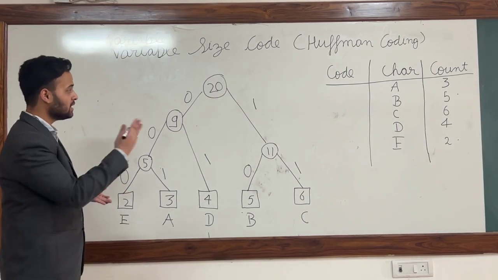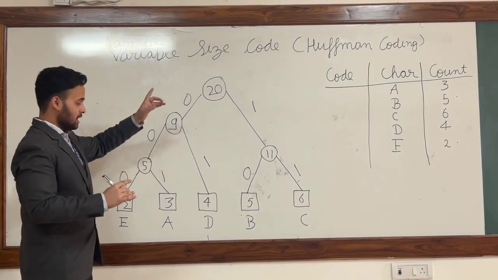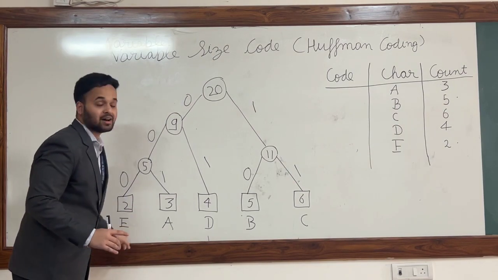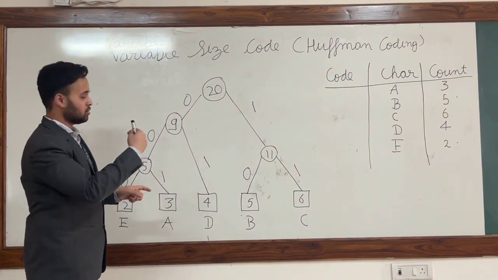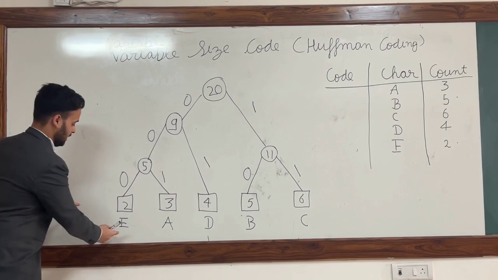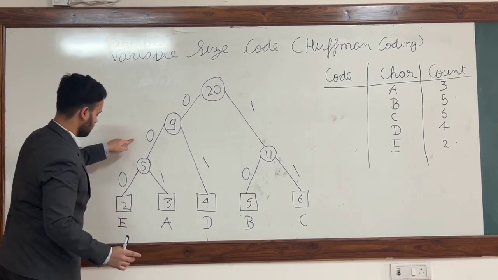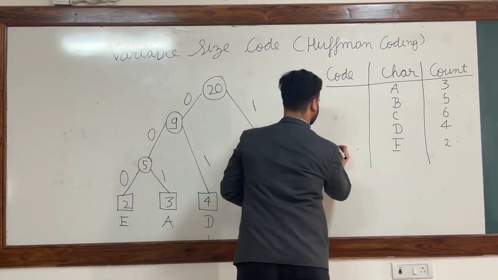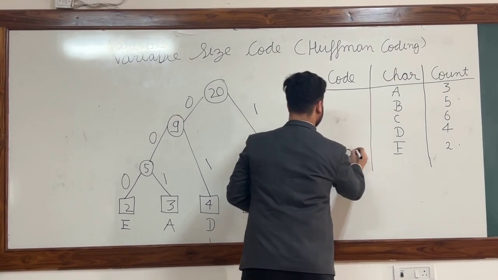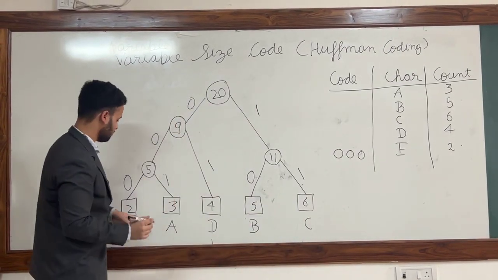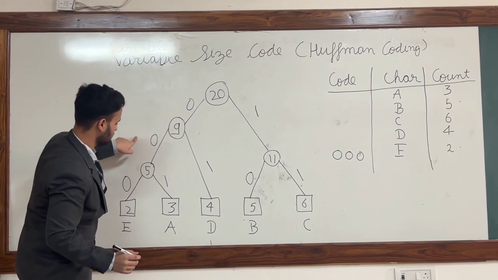So now to find the code, we will go from the root to the particular character to know its code. To know the code of E, we will go 0, 0, 0. Code of A, 0, 0, 1.